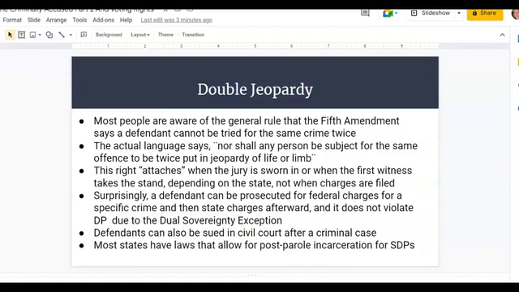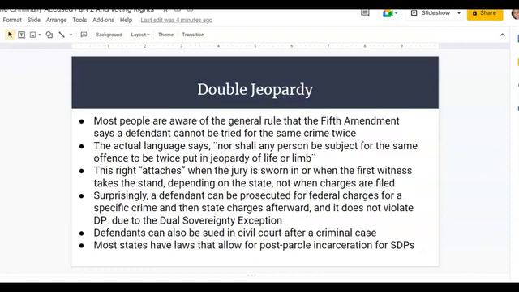Another thing that can happen, and this happened in the O.J. Simpson case, if you're familiar with that, you could be sued in civil court, for example, for wrongful death, after the conclusion of a criminal case. And that's not double jeopardy, because the double jeopardy clause only concerns itself with being tried for the same crime twice.